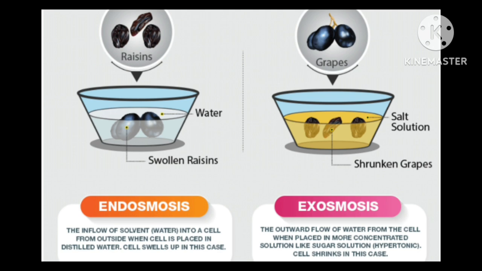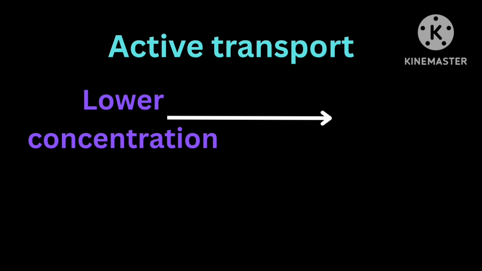In case of grapes, there is an outward flow of water from the cell when it is placed into a more concentrated salt solution. So in this case also the water passes from lower concentration to higher concentration. This process is known as exosmosis.